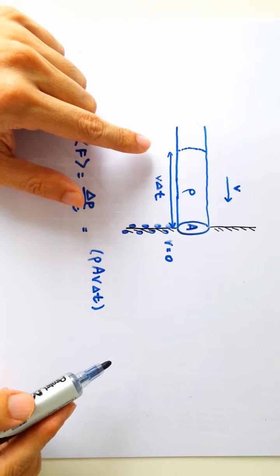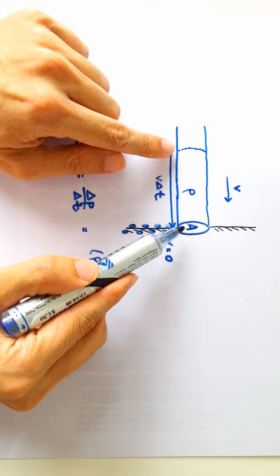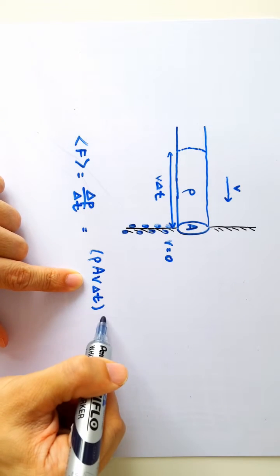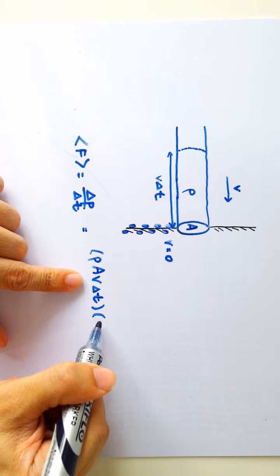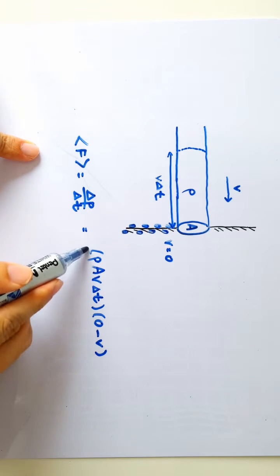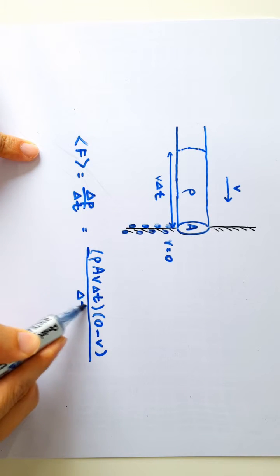And the amount of momentum change that occurred to this amount of water would be mass times the change in velocity, which is 0 minus v. Alright? And of course, the denominator here is delta t.